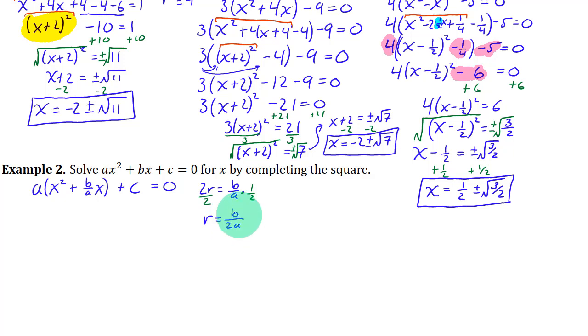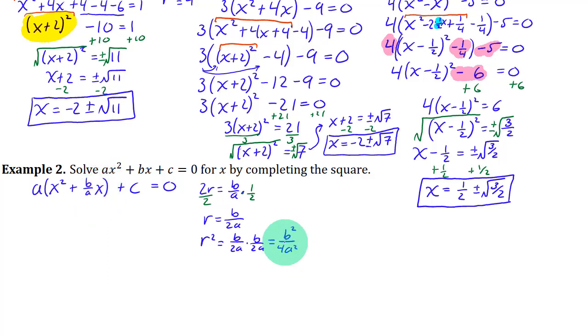And that means that 2 times R is the B over A part. So that works. Now, what is R squared? That would be B over 2A times itself. That would be B squared over 2 times 2 is 4. A times A is A squared. So that's the thing we need to have added on to the middle here, inside these parentheses.